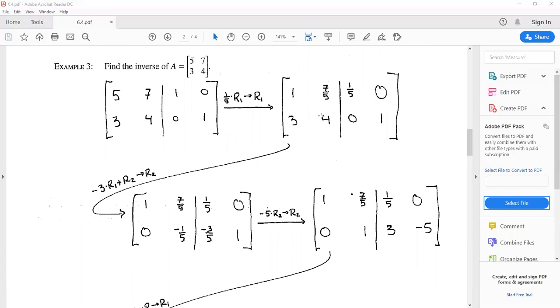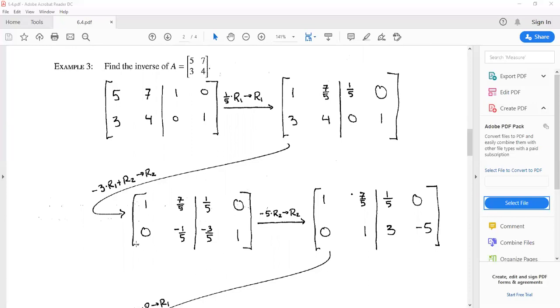I also have 4 plus -3 times 7/5, which gives me -1/5. Then I have 0 plus -3 times 1/5, which is -3/5. And I have 1 plus -3 times 0, which is just 1.